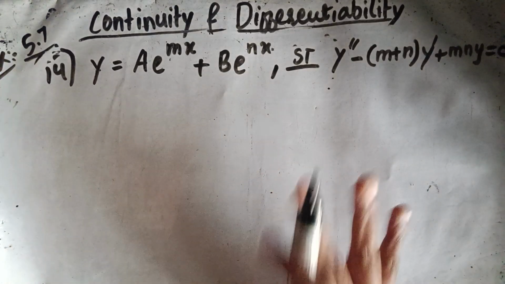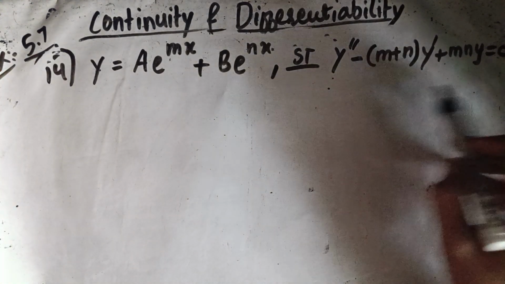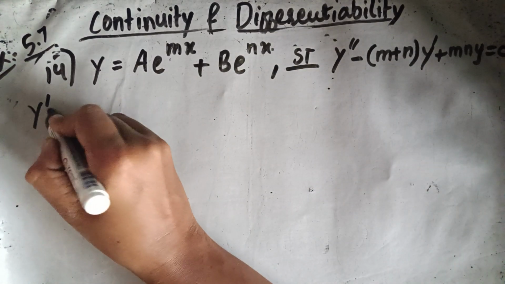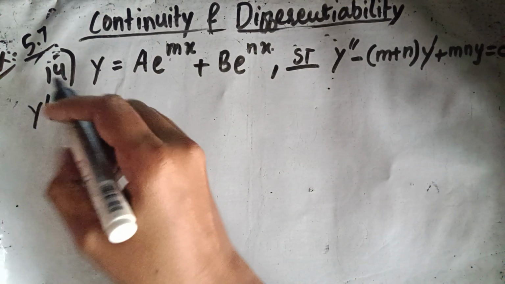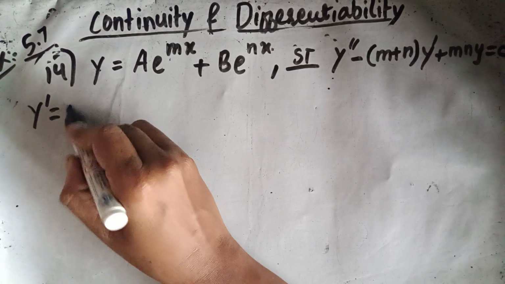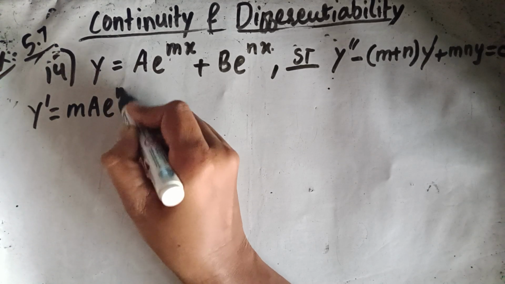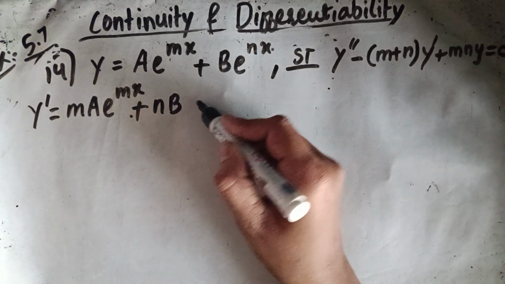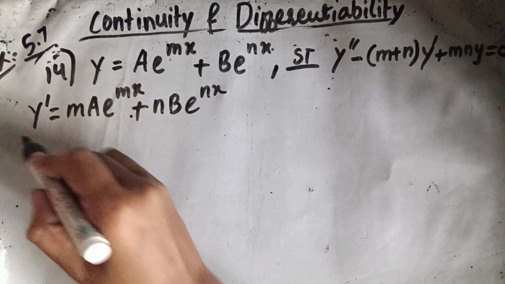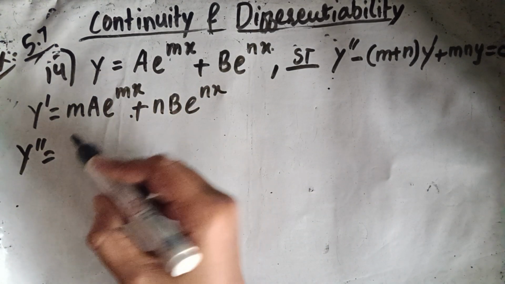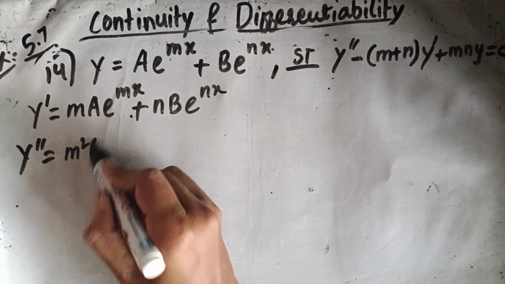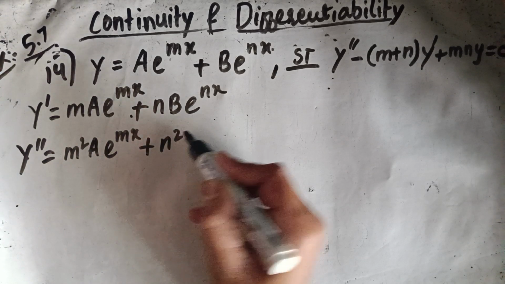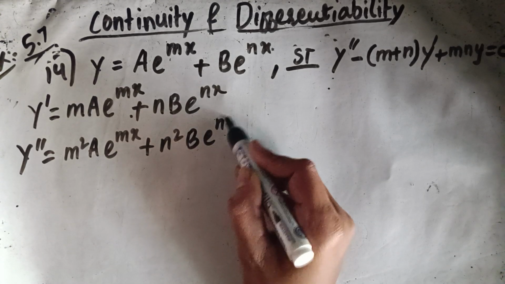So here y is given. We have to show this equation. Prove this equation. So we need y dash and y double dash also. M a e raised to mx and b e raised to nx. M square a e raised to mx, n square b e raised to nx.